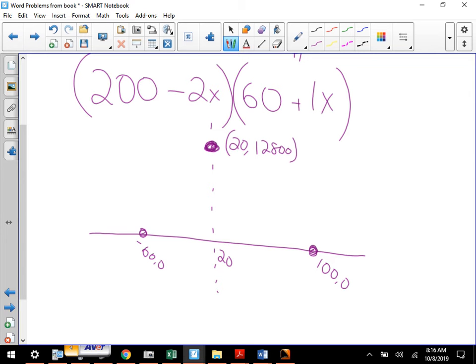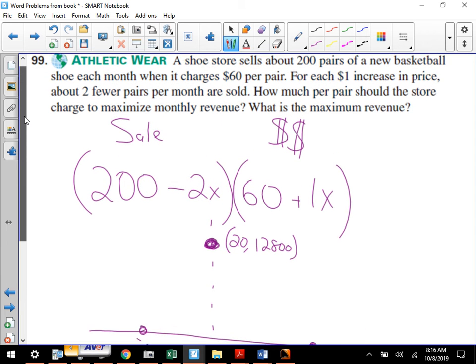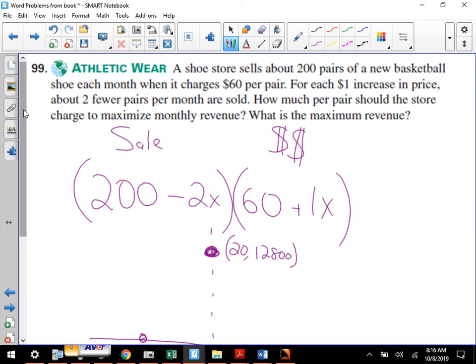Now here's the thing. Remember, did that x value represent cost? Did that x value represent sales figures? The x value just represented how many times it increases or how many times the price changes. The 12,800 represents monthly revenue because that's what the function we made.